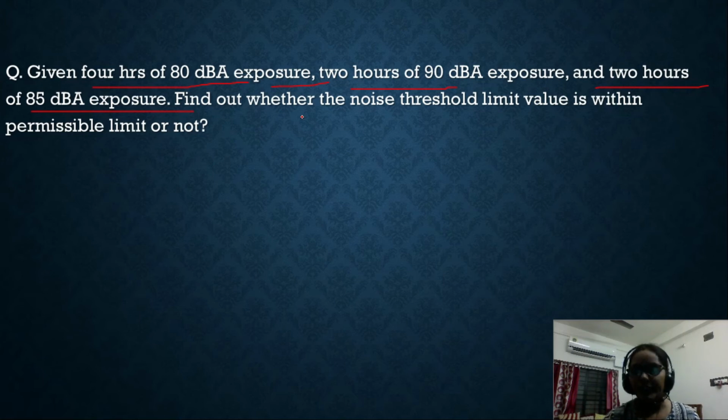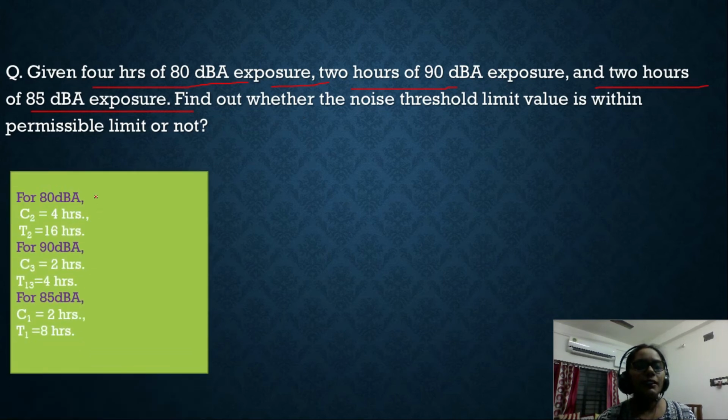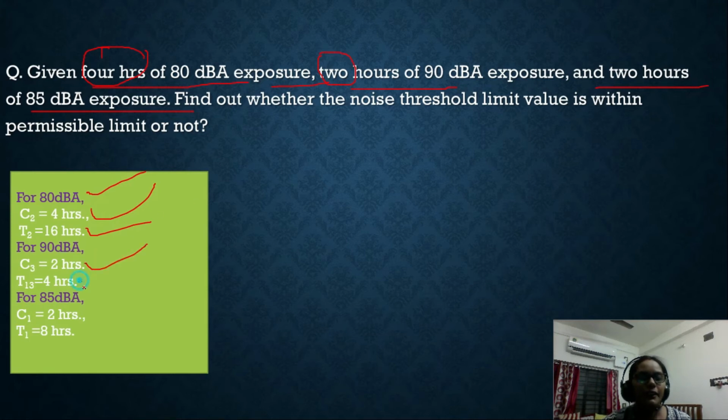For 80 decibel, C1 is 4 hours, and the permitted value T1 is 16 hours. For 90 decibel, C2 is 2 hours and the permitted level is 4 hours. For 85 decibel, it is again 2 hours and the permitted level is 8 hours. So these are the data given.